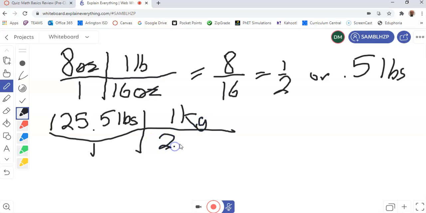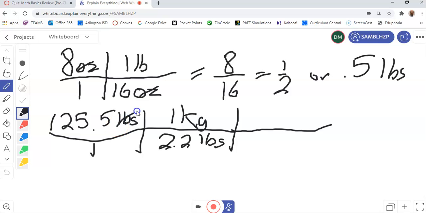Is 2.2 pounds. Whoops, delete that last part. Now we're going to keep going with this railroad. One more step, one more railroad tie.